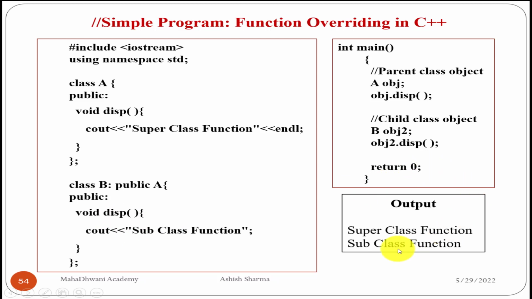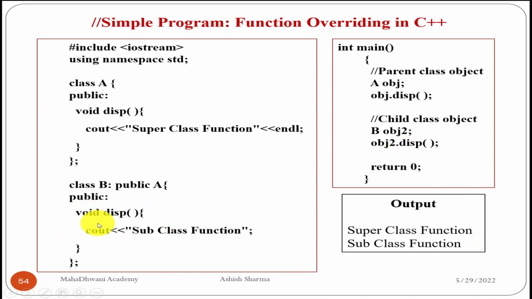So we will see the output: the first object's disp method will print the value on the screen with the help of the cout object, superclass function, and the same for the second, obj2.disp.